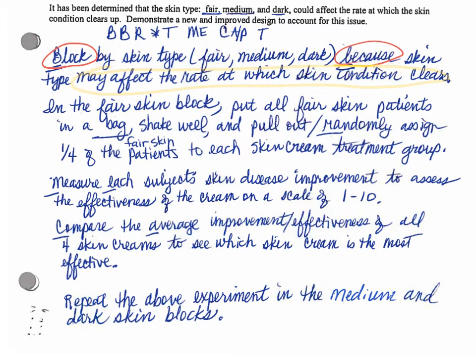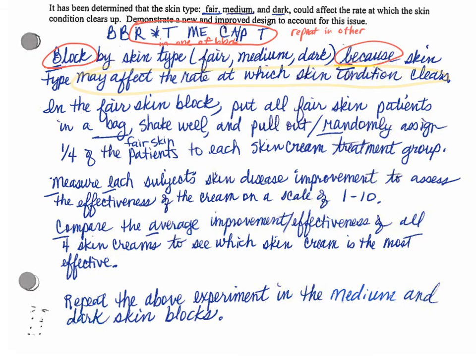That's why it's BRAP-ME cap and not just RAP-ME cap. It's B for blocking because. All right. Now, from there, it will be most clearly done if you RAP-ME cap in one of the blocks, and then after you do that, say repeat in the other blocks.